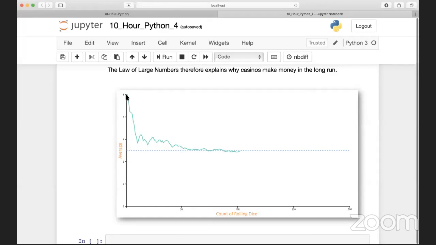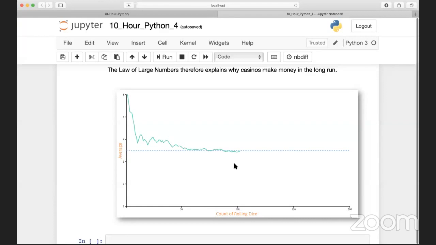Your sample mean in the first case is 6. You get 6 when you roll a dice in your first trial. If you do it over and over again, your sample mean gets closer to the population mean, here at a slower pace.